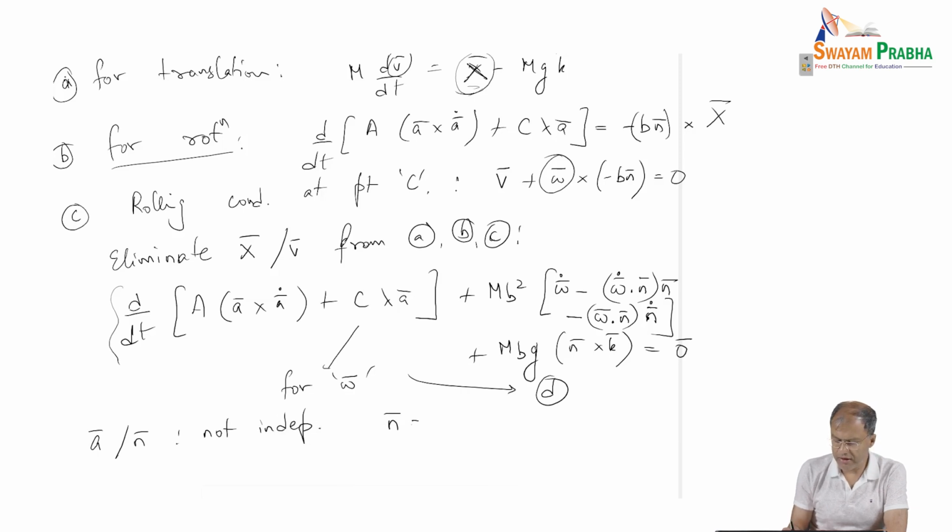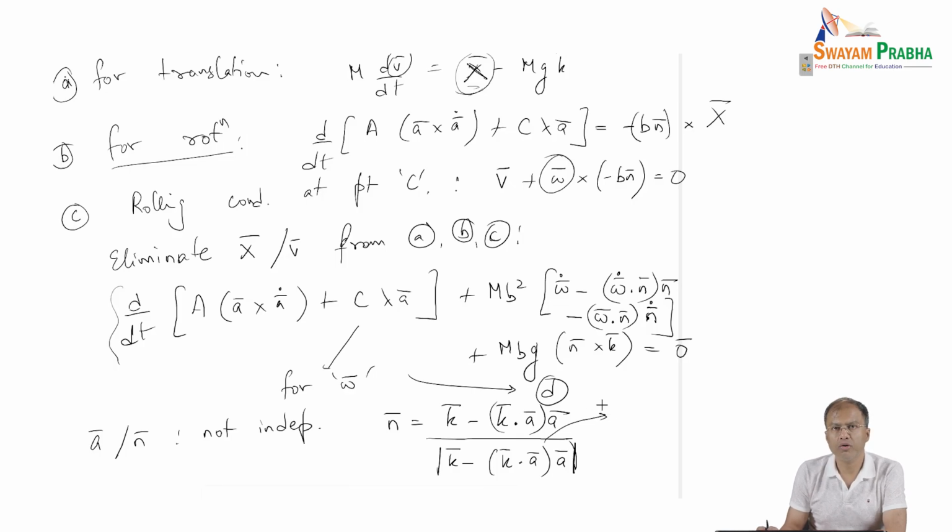And in particular, we can find out n from A. So n is k minus k dot A times A, divided by the magnitude of k minus k dot A times A. And notice that we have found this relation with the so-called Gram-Schmidt orthogonalization process. And this is a simple setup. We call this equation number 5. So that is how n and A are related.